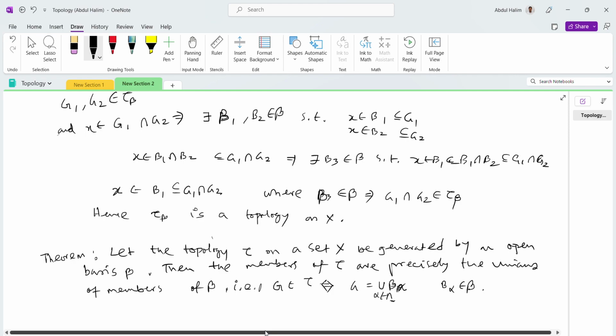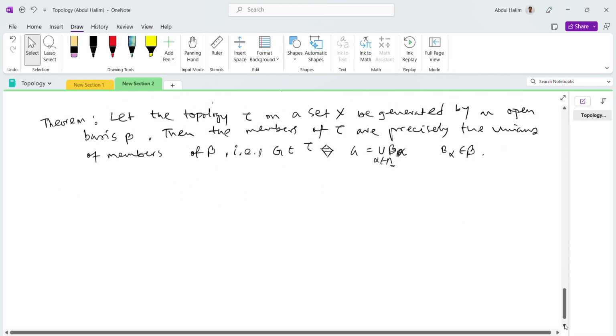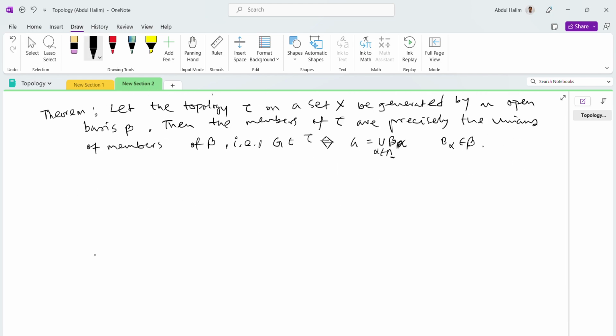That's all, and this is an index set. What we will prove is that the members of tau are precisely the unions of the members of beta, and the collections are precisely possible to express.